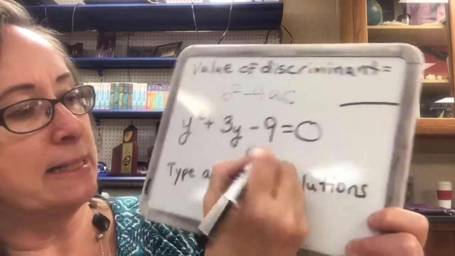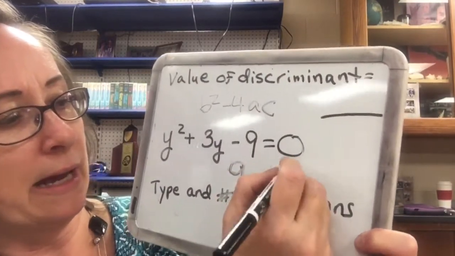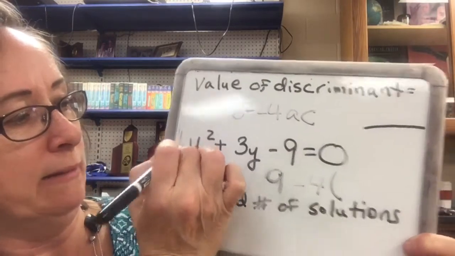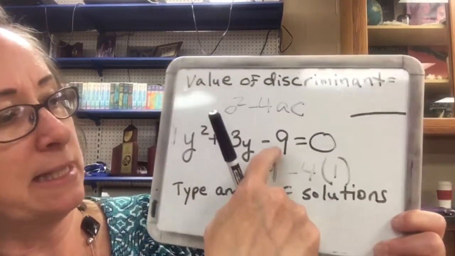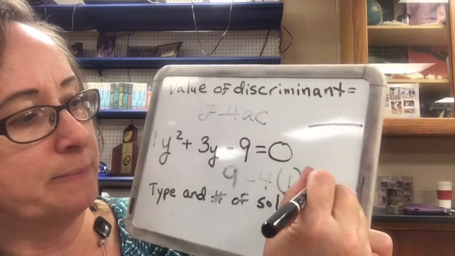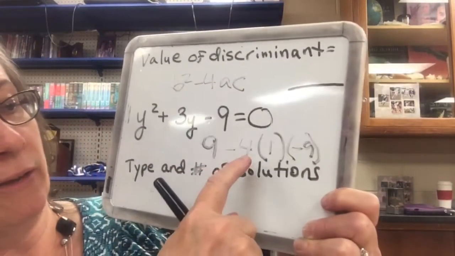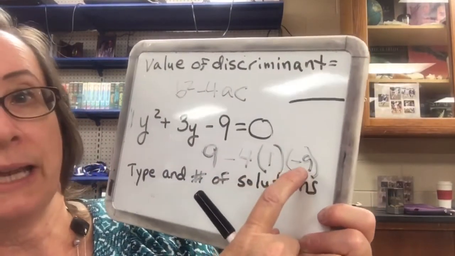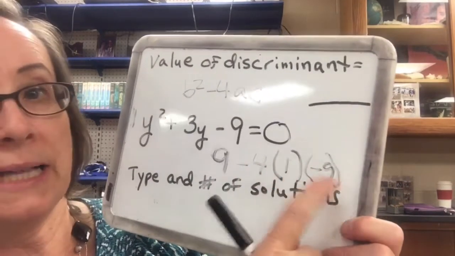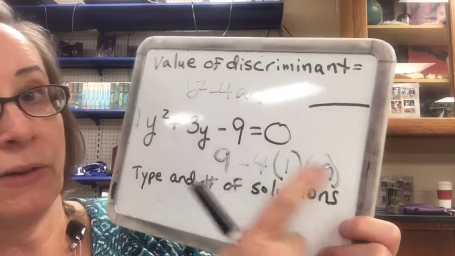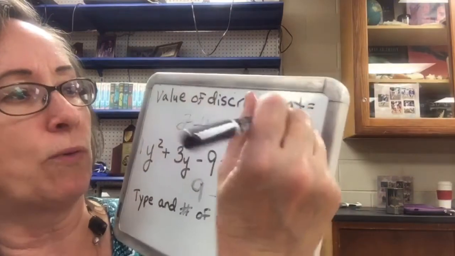9 minus 4 times a, which is 1, times c, which is negative 9. Now notice that I've got negative 4 times a negative 9, which is going to be a positive 36, and 36 plus 9 is 45.